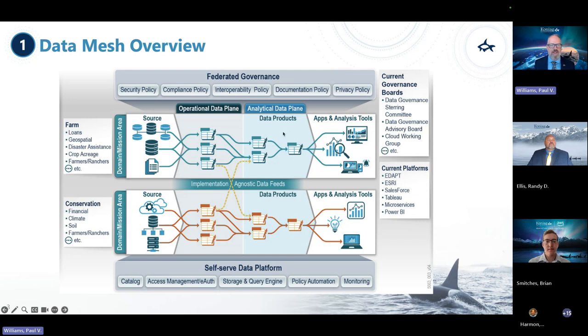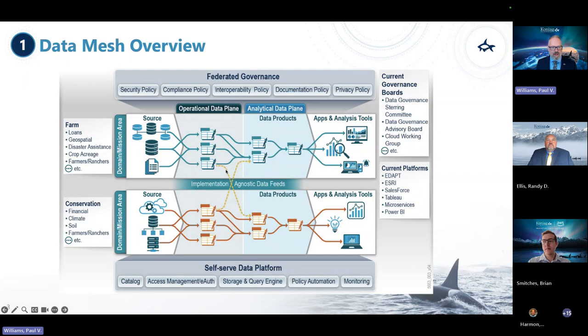And then you have operational and analytical data planes where you're performing transformations of that data to make it consumable by applications and analysis tools like Tableau, Esri, Power BI, et cetera. I also want to mention that it's also really good for making the data available for applications. So a lot of times we build single page web apps and integrations with things like Salesforce or ServiceNow. It can publish that as well.